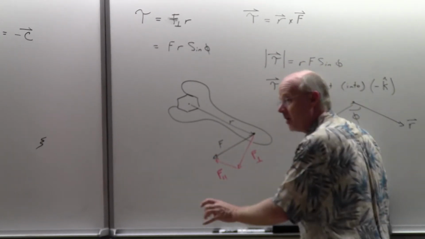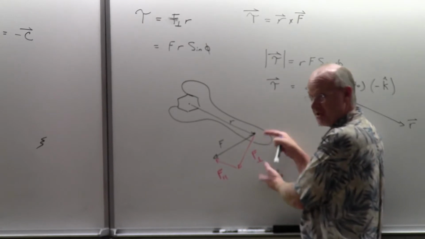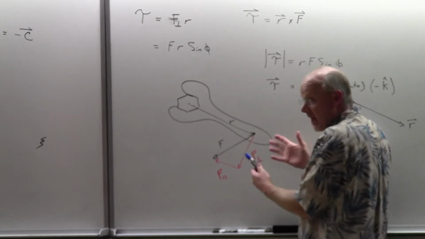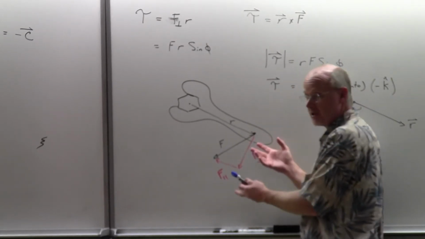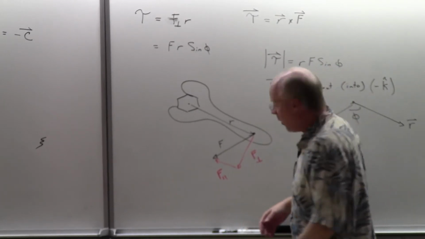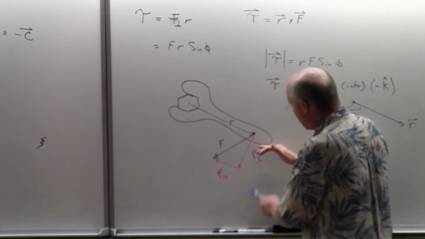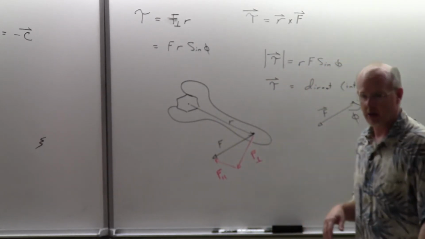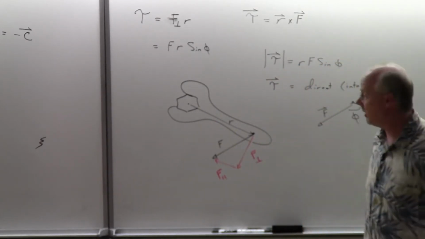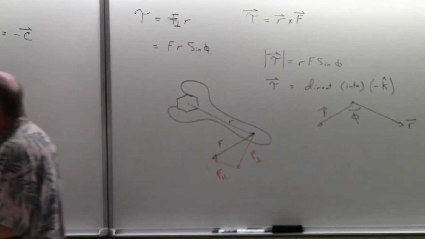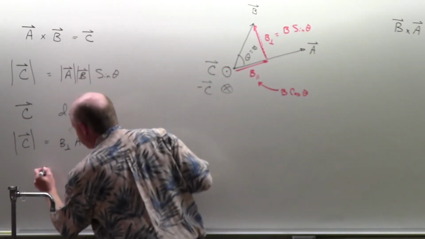Let's not even look at the angle. Let's just only look at how much of the force is perpendicular. And so there'll be times where that's all we know, which is fine. That's all we need to know. We don't need to know the total force. We don't need to know the angle. What we really need to know is just how much of the force is perpendicular to R. That would be good.